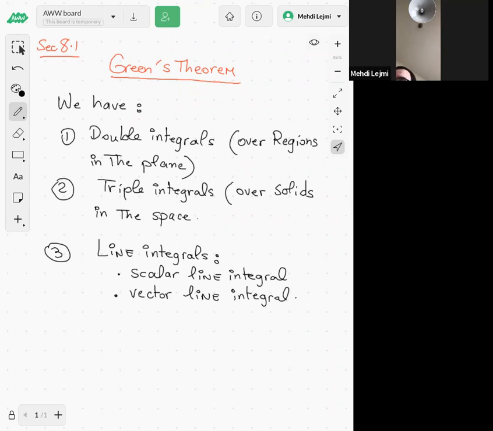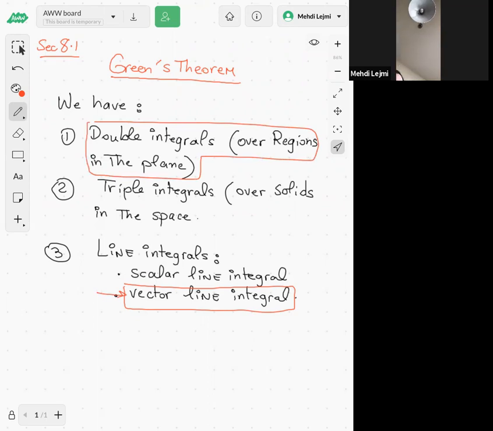Well, Green's theorem relates the vector line integral, around some curve in the plane, to a double integral over some region in the plane. So it relates this vector line integral to this double integral here.